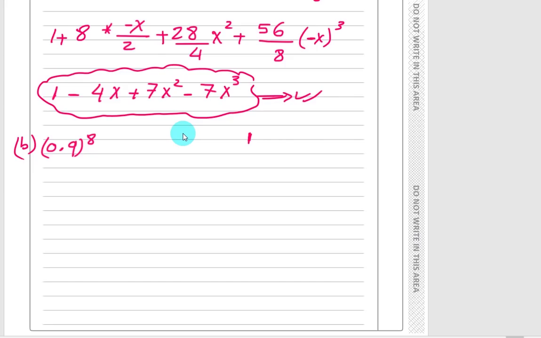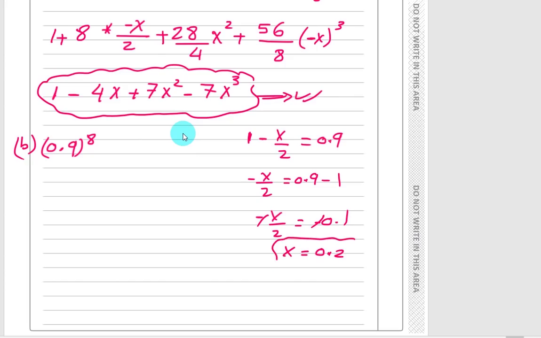So 1 minus x divided by 2 is equal to 0.9. So minus x divided by 2 is 0.9 minus 1, so minus x divided by 2 will equal to minus 0.1. So x will equal to 0.2. This is the value of x.